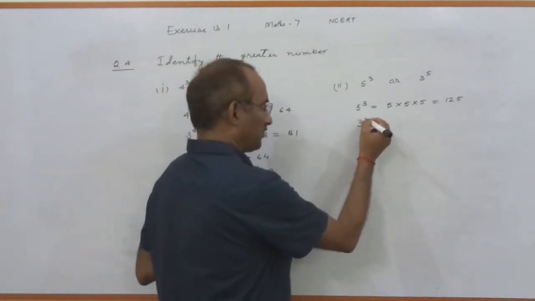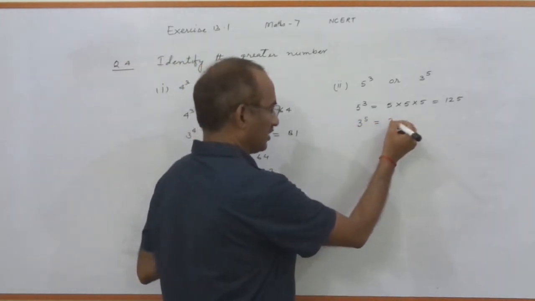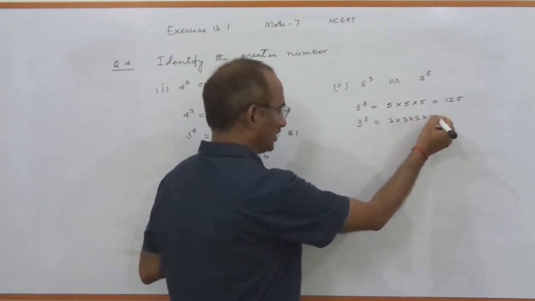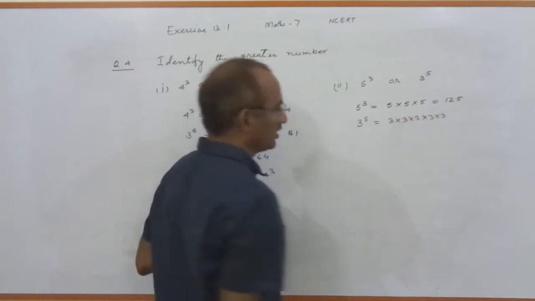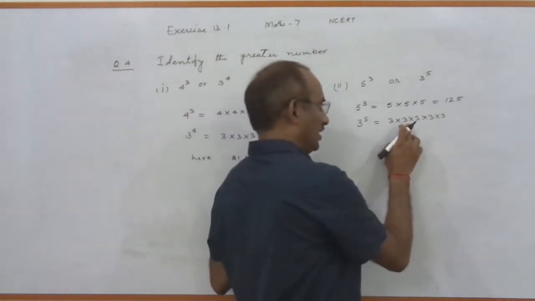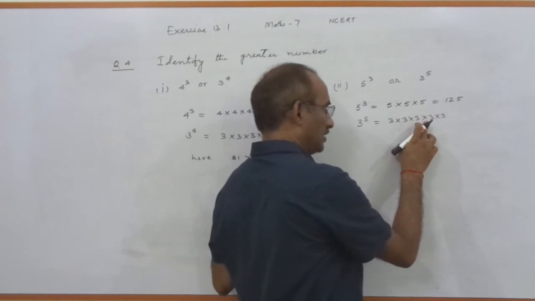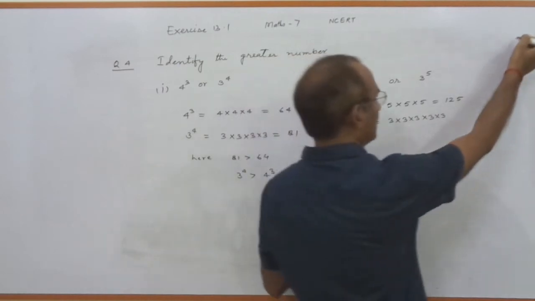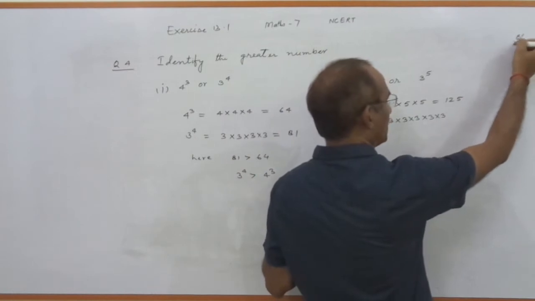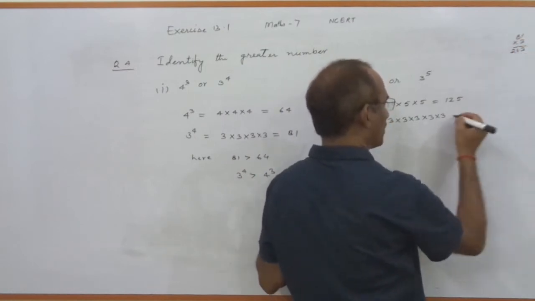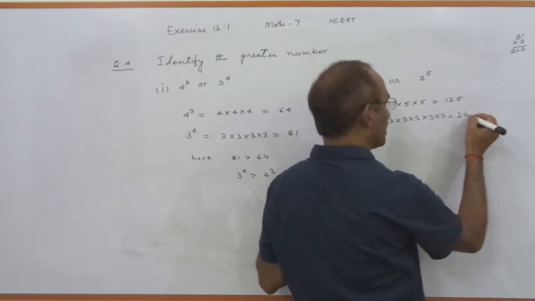And 3 power 5 is written as 3 multiplied with 3 multiplied with 3 multiplied with 3 multiplied with 3. On multiplying it, 3 threes are 9, 9 nines are 81, 81 multiplied with 3. So 3 ones are 3 and 3 eights are 24. It means 243.